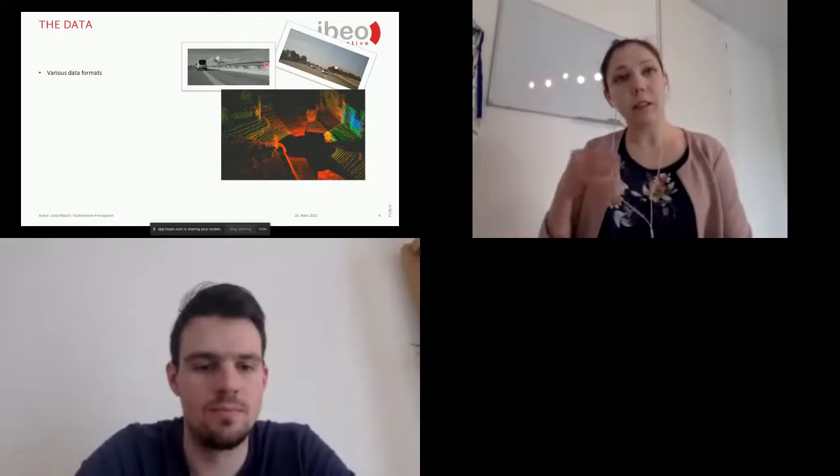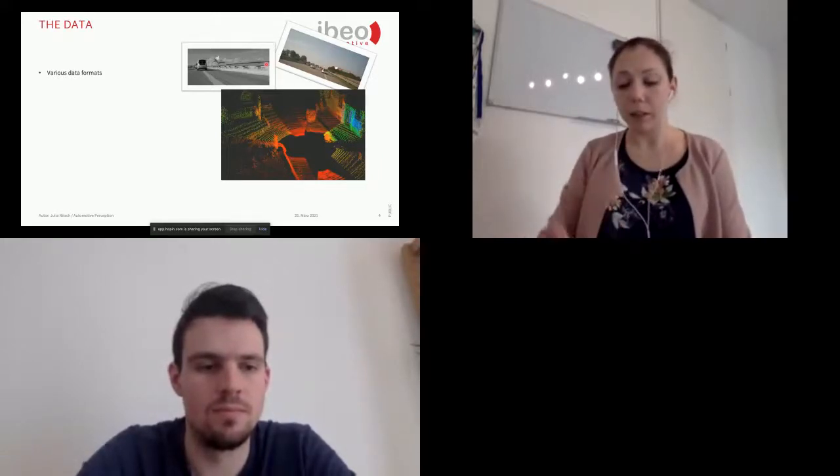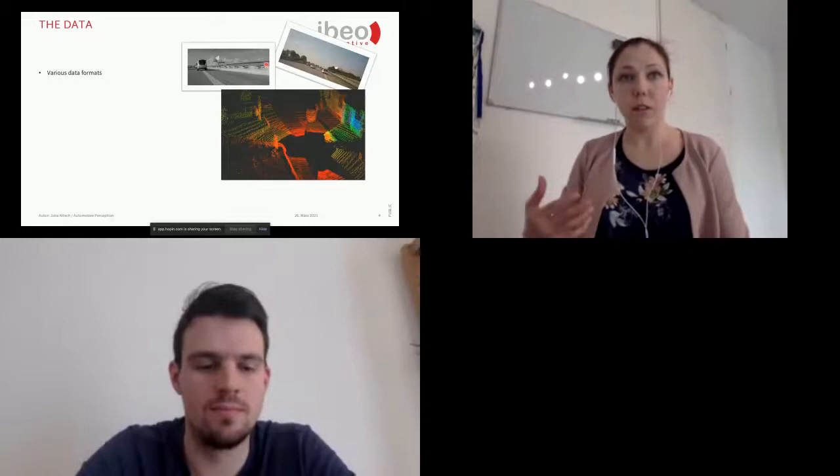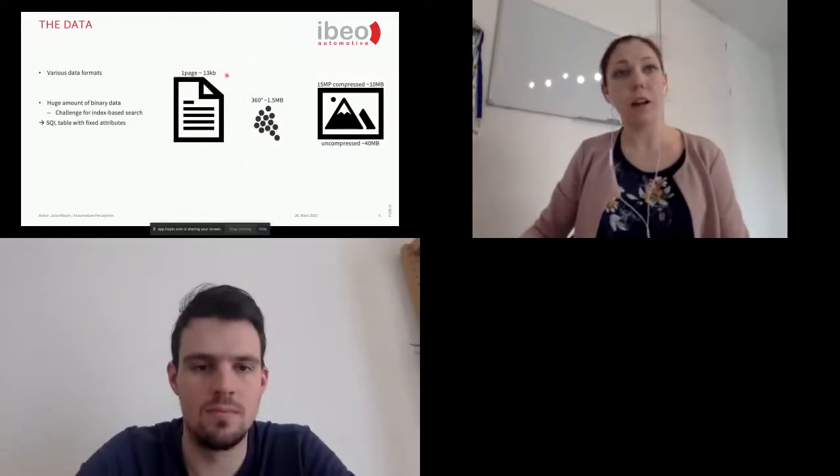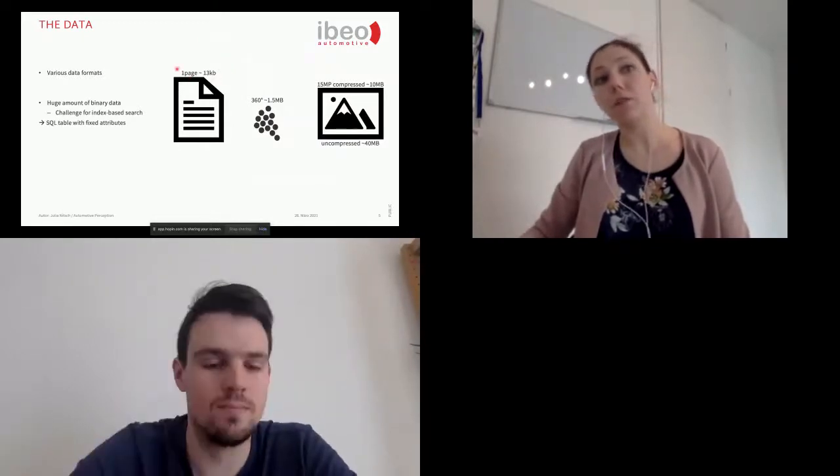We collect this raw data as binary data. Just to give you a feeling why this is such a huge amount of data: when we're talking about text files, we usually have 13 kilobytes of data for one page.